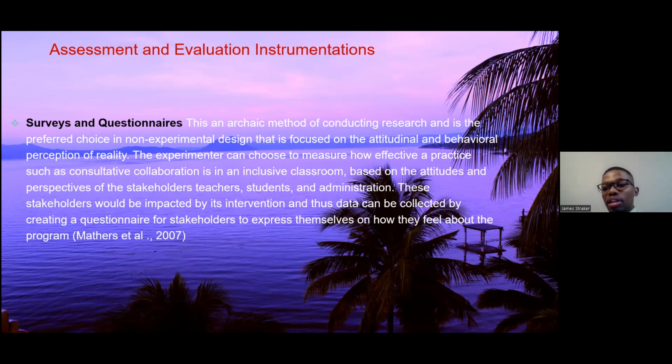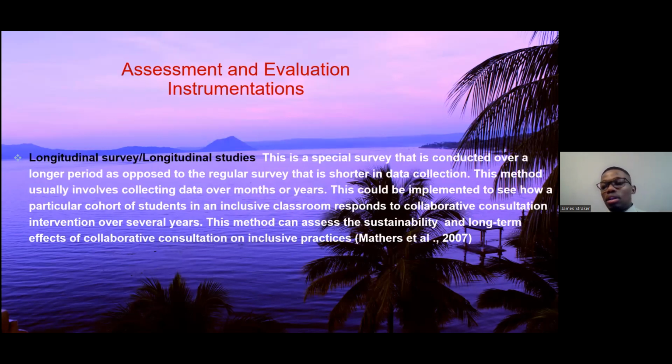We can do a cross-sectional survey to find that out. And like I said, with the cross-sectional, that happens at one point. Now, the other survey is the longitudinal survey, which would be done over a period of time.